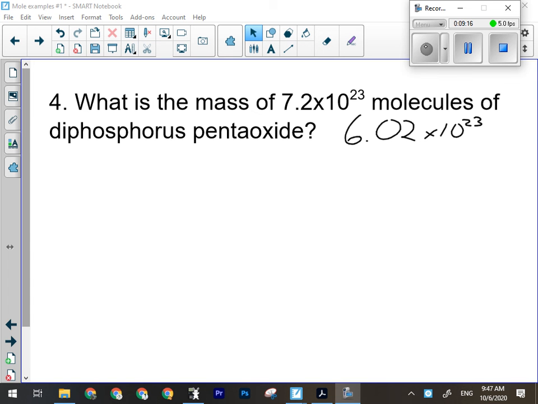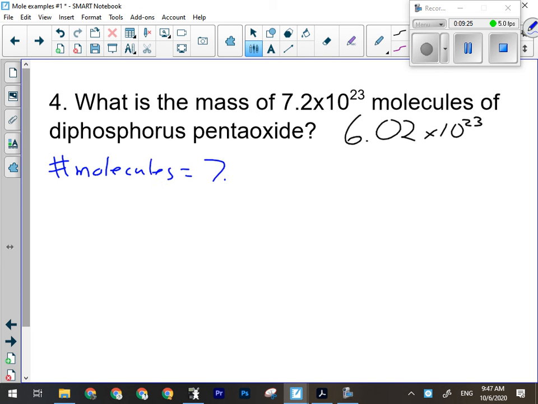On this one, they give us the number of molecules as one of our givens: 7.2 times 10 to the 23. Then they tell us that it's diphosphorus pentaoxide, which can help me to get the molar mass. Diphosphorus means there's 2 phosphorus, pentaoxide means there's 5 oxygens.